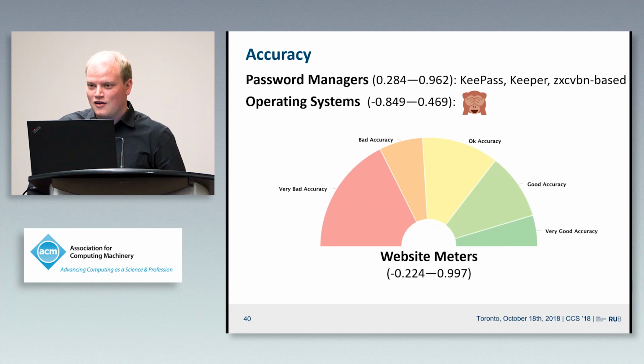So every time the Ubuntu Linux strength meter tells you that your password is weak, then you should keep it. It's a good choice. And for website meters, it's a mixed result. As expected, we have seen before, 1/3 of the meters that we tested had a very bad accuracy. 1/3 was quite okay, and 1/3 was actually good.